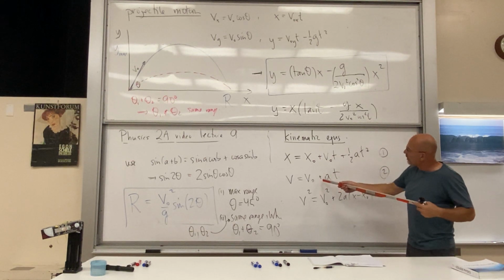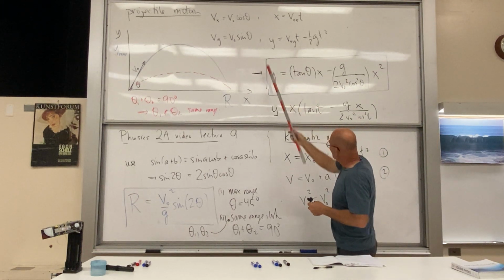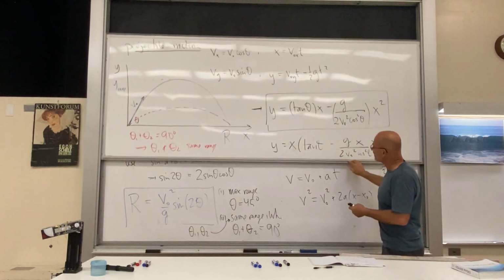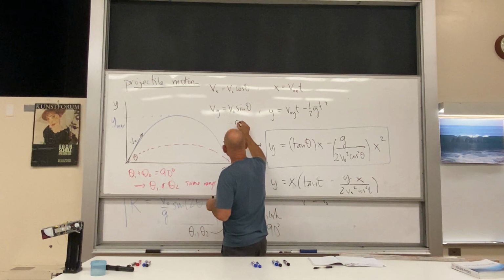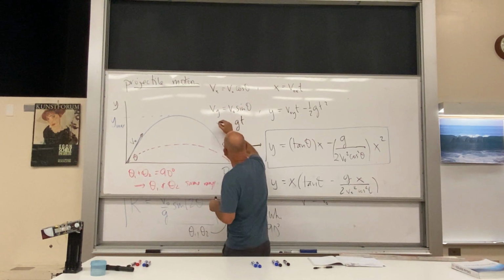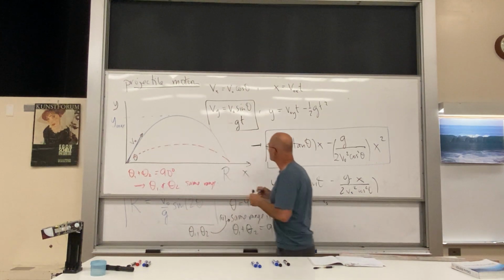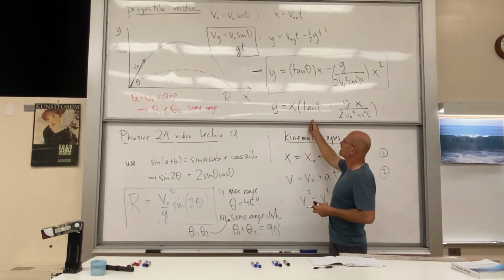For the y direction, v sub y, v0 sine theta was v0y, and I forgot to subtract off minus gt. Gotta catch our errors here in real time. Minus g times t. That was v sub y.